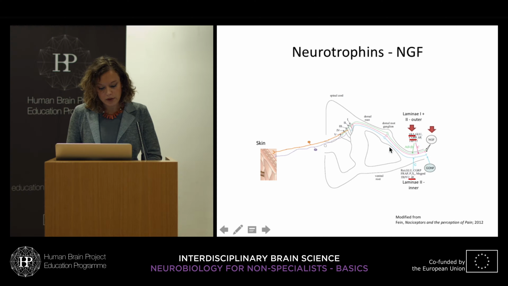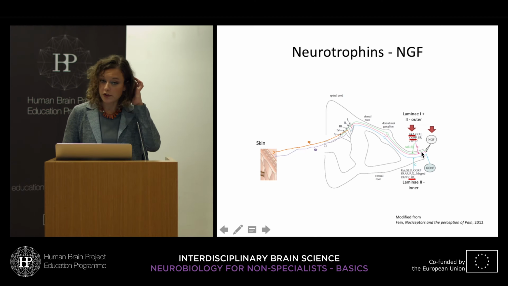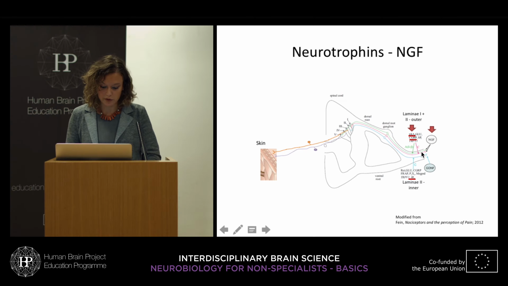As I told you, the nerve fibers that respond to these growth factors then travel along and synapse with neurons in the lamina 1. So the CGRP positive neurons synapse in lamina 1 and the outer layer of lamina 2, and the IB4 positive neurons, if they are C fibers, synapse in the inner layer of lamina 2.